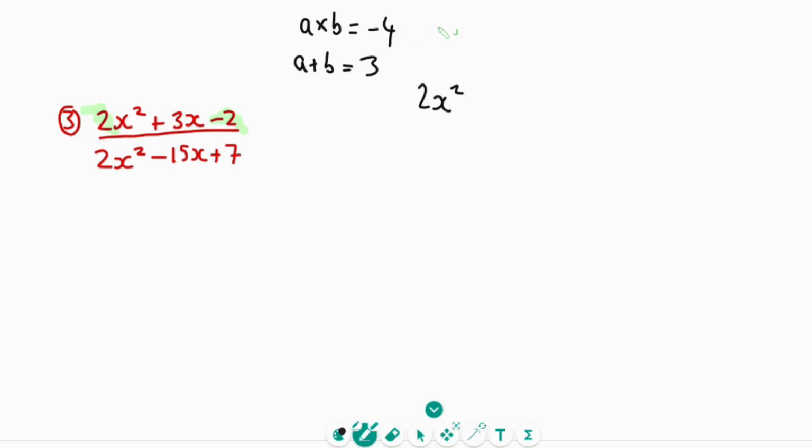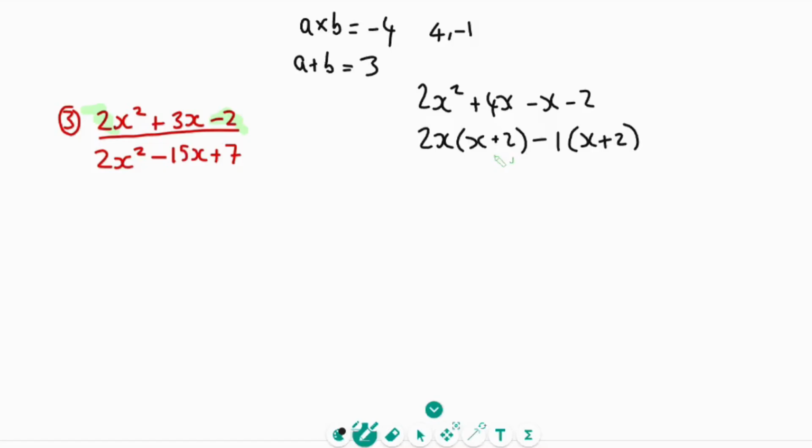They are 4 and negative 1. 2x squared plus 4x minus x minus 2. 2x bracket x plus 2, minus 1 bracket x plus 2. Got to fiddle it a bit here, because I know that if I've got an x plus 2 in the first bracket, there has to be an x plus 2 in the second bracket. And I know negative 1 times x is negative x, negative 1 times 2 is negative 2. So one of your brackets is 2x minus 1, the other bracket is x plus 2.